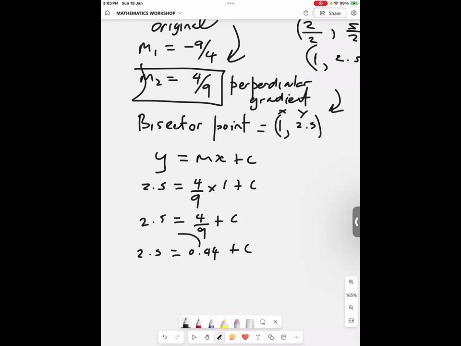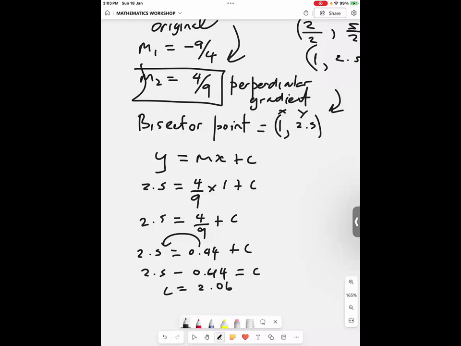All right, so now simply we're going to bring this over here. It's going to be 2.5 minus 0.44 equals c. What is 2.5 minus 0.44? 2.06.